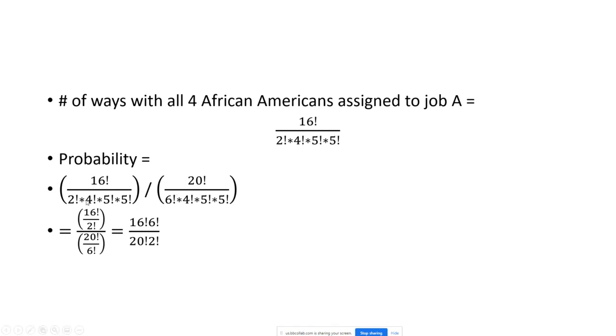So we can cancel the 4 factorial, 5 factorial, 5 factorial from the numerator and the denominator. And this ends up being 16 factorial over 2 factorial, so I've written that here, divided by 20 factorial over 6 factorial. So I've inverted that denominator to simplify it.